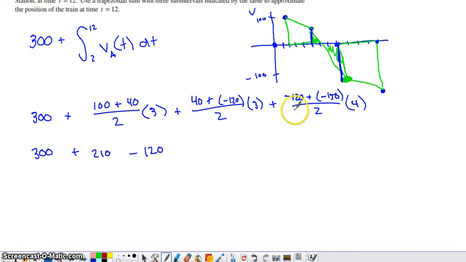And then on the interval from 8 to 12, we're estimating that the train's position changes by whatever the value of this is. Now we can simplify this a little bit, so I'm going to divide that by 2, divide that by 2. If you do the math in the numerator here, you end up with negative 270. Right, that's going to be negative 270 times 2. And negative 270 times 2, I think, is going to leave you at negative 540.